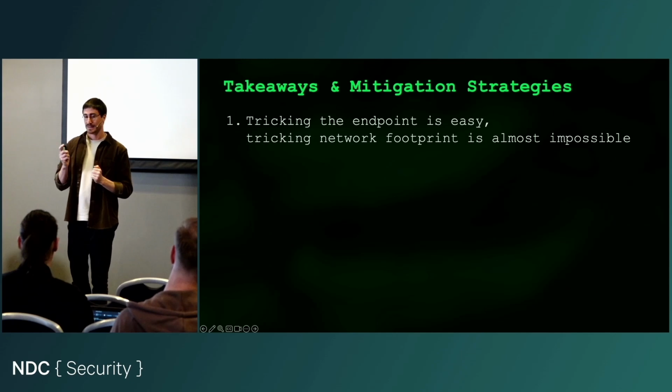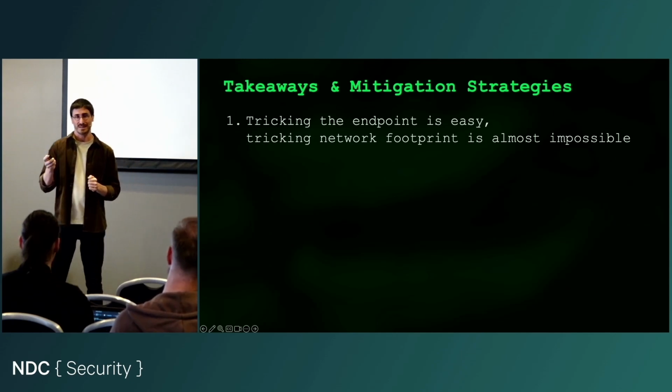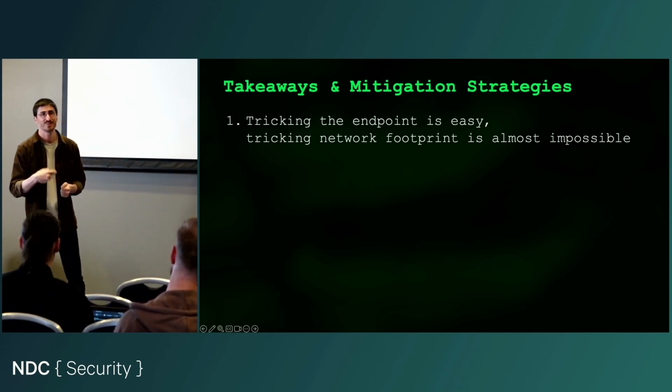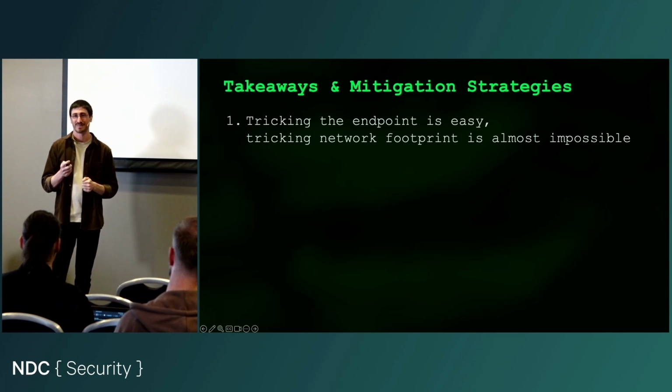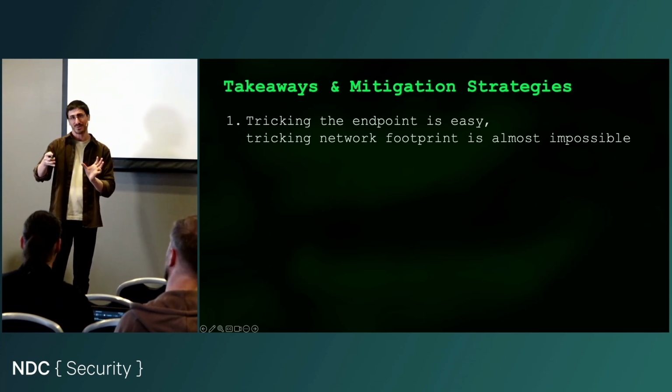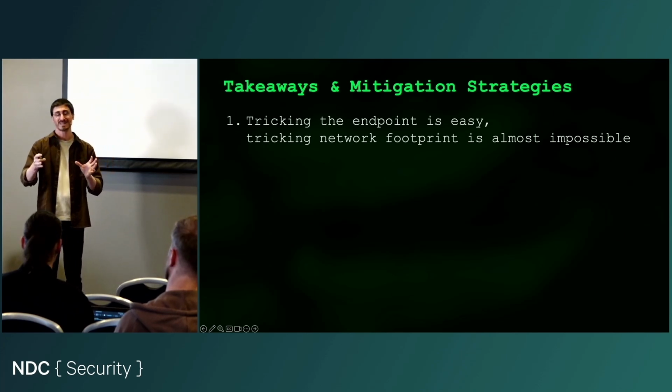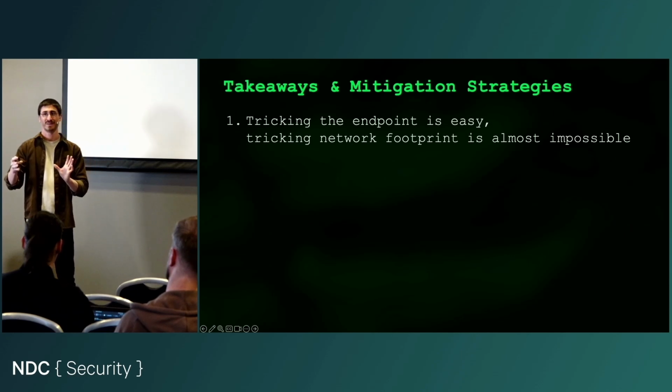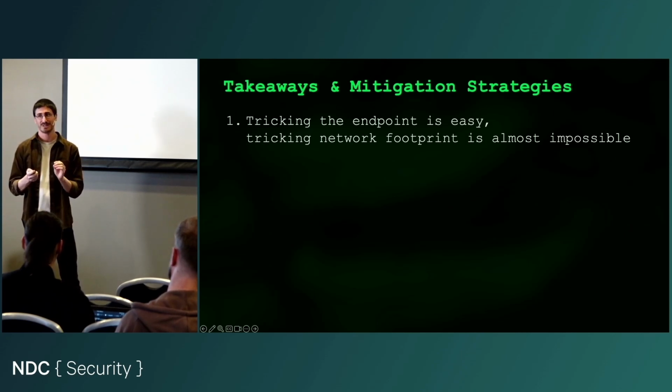But when she ran PsExec or scheduled tasks to run remote tasks, this is a network footprint that is not something she can change. Do you get it? Because it's based on well-known protocols. So this is a footprint that she wouldn't be able to evade very easily if there was some sort of network protection mechanism.